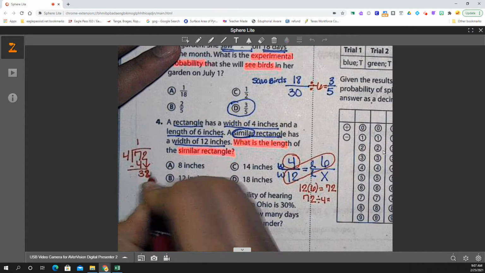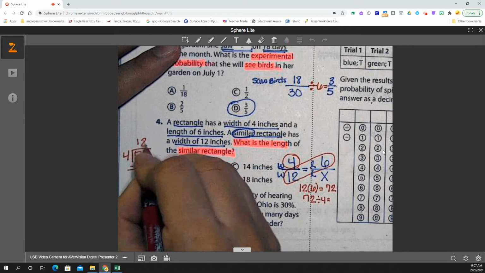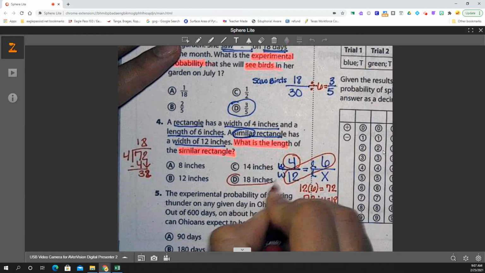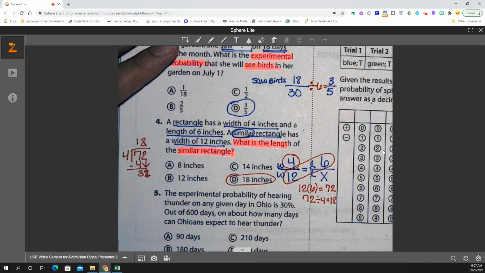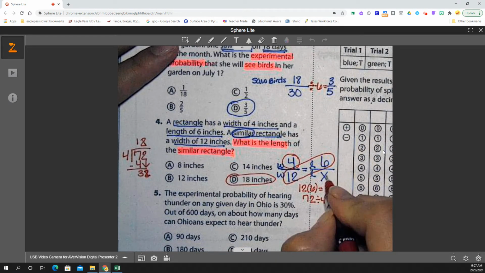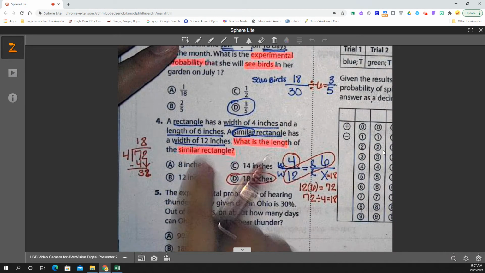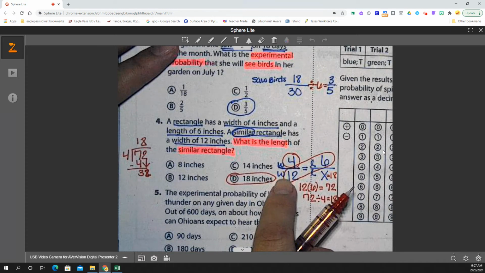Oops. 4 into 32 goes in 8. So 18, which is letter D. So this would be 18 inches. So what is the length of the similar rectangle? It would be 18 inches. So a width of 12 and a length of 18 inches.